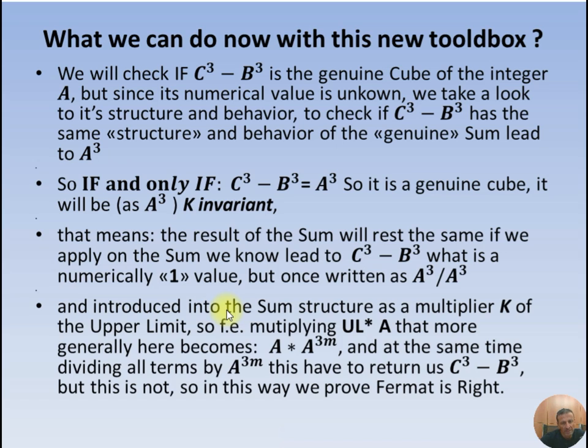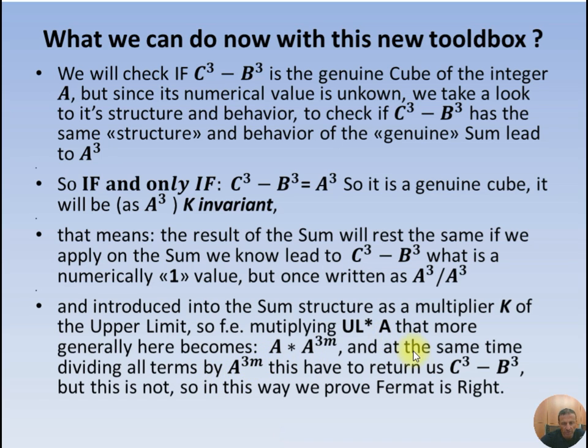Presuming that the sum we are working on is exactly the sum leading to a cube, we choose a multiplier for the upper limit, so we multiply the upper limit by a, then more in general we multiply by a to the m, and we divide all the terms by a to the 3m.